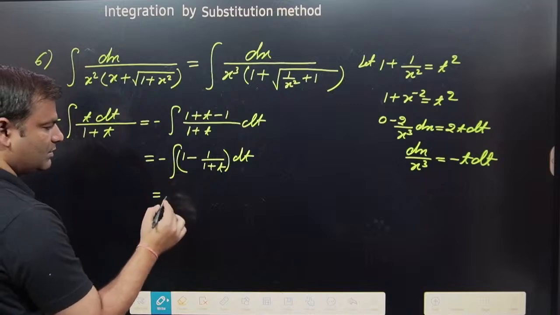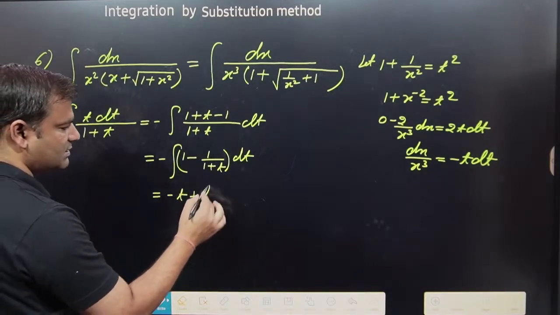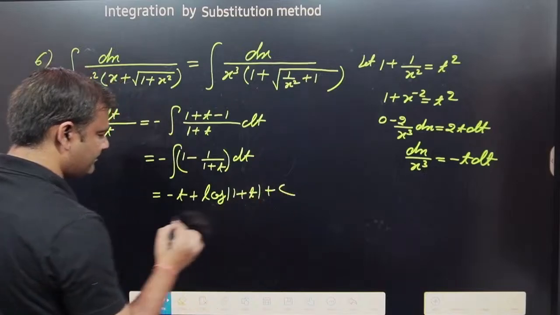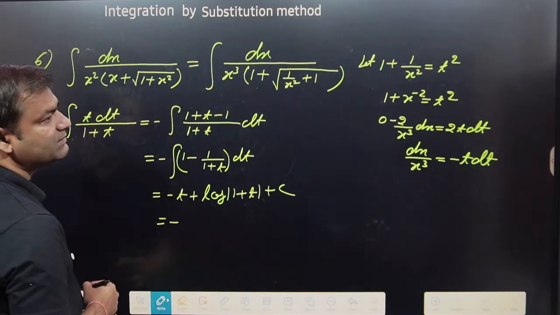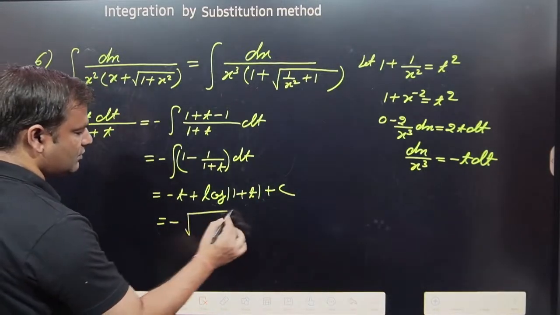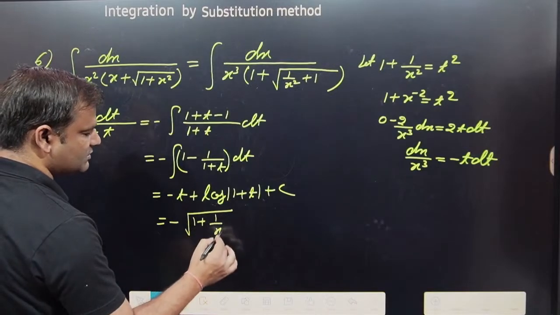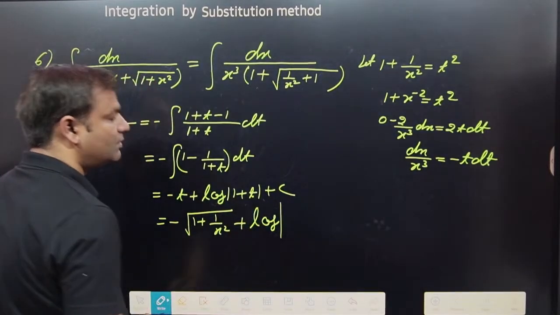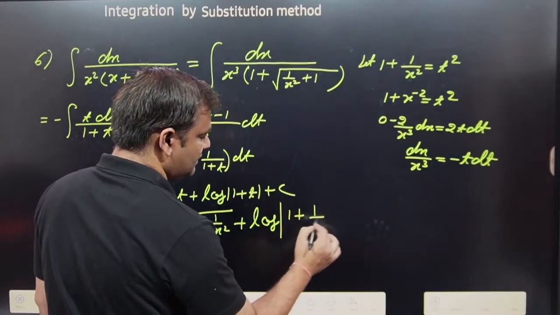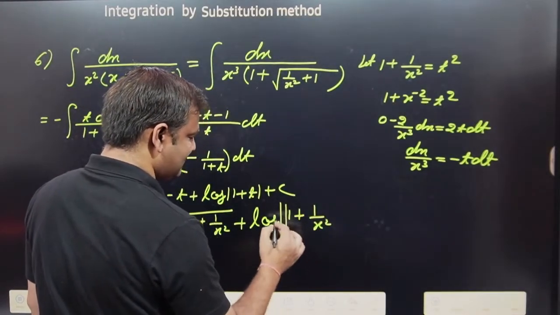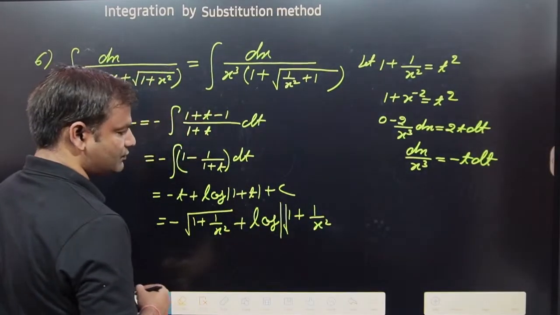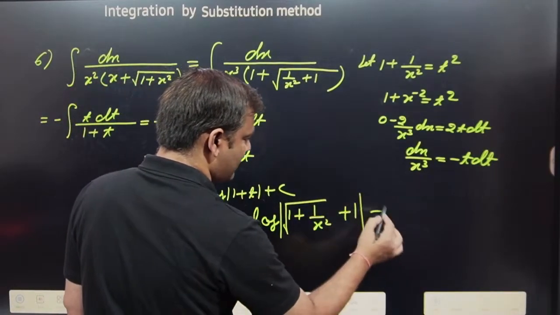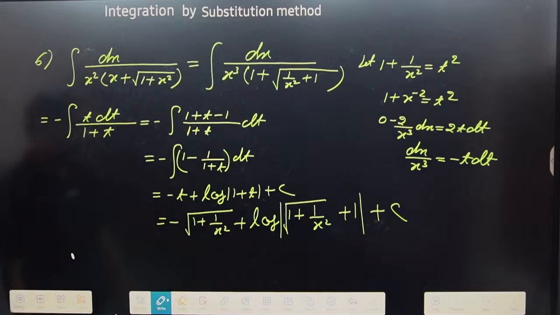Okay. What about that value? Minus t plus log of 1 plus t plus c. And t is basically under root 1 plus 1 upon x square, plus log of 1 plus under root 1 plus 1 upon x square, plus c is the right answer.